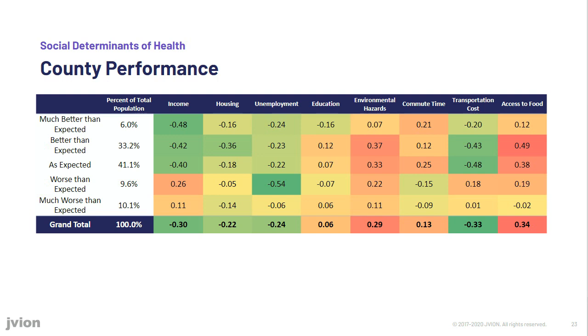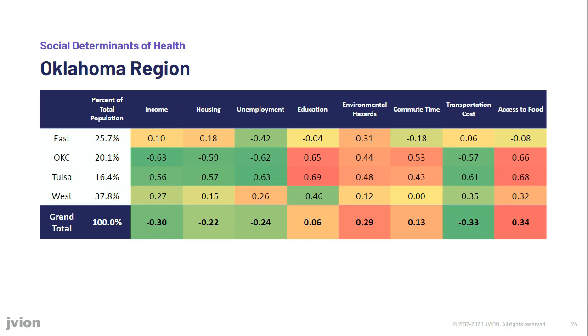So we went in and then did a regional analysis, not just an observed to expected, but what's going on in each region. You can see that the OKC, the Oklahoma City region, and the Tulsa region really did have drivers of risk coming from education and food access, as opposed to the drivers of risk in the East, which are really around income and housing, or in the West, which were much more around employment access and access to food as a combination.